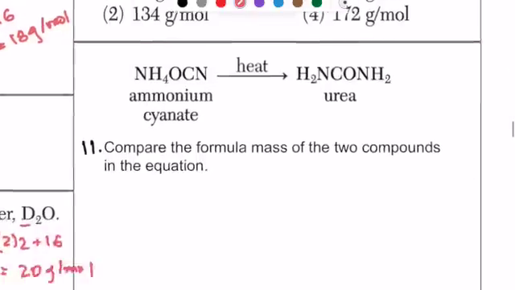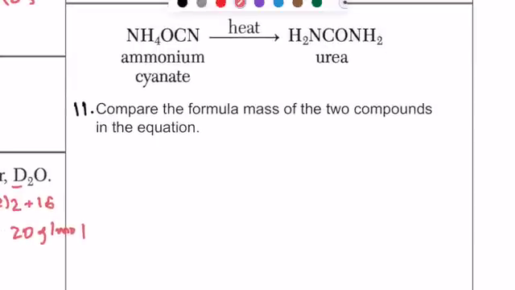Compare the formula mass of the 2 compounds in this equation. This is once again a compare question, so you can simply say which one's higher, which one's lower. Just a very quick trick in this question, however, is that if you notice, it looks like these 2 formulas are almost the same. In the first one, we see 2 nitrogens, 4 hydrogens, 1 oxygen, and 1 carbon.